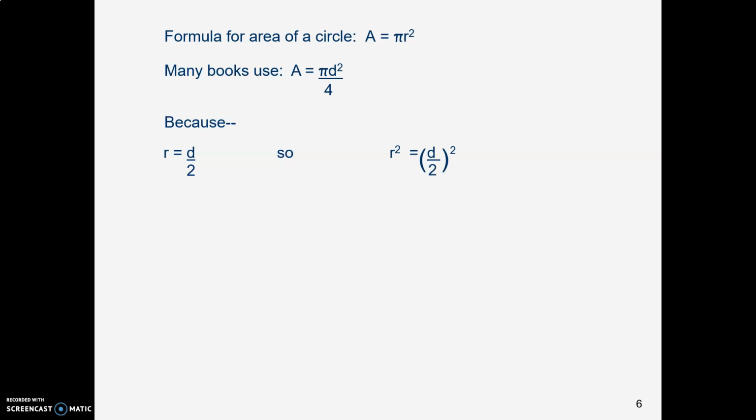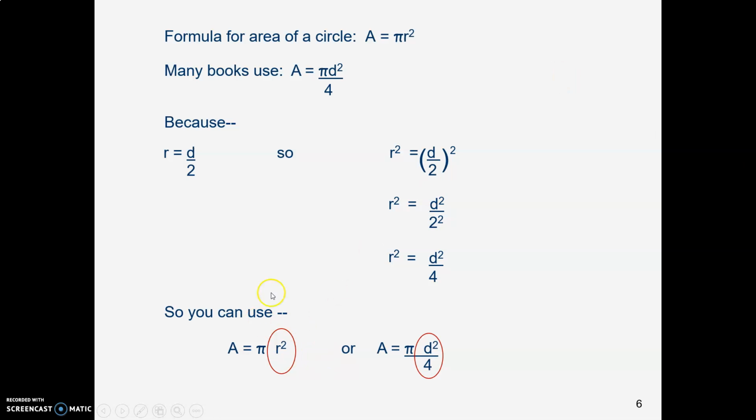So if area equals pi r squared, r is half of d. r squared is d over 2 squared, which is the same thing as d squared over 2 squared, which is the same thing as d squared over 4.